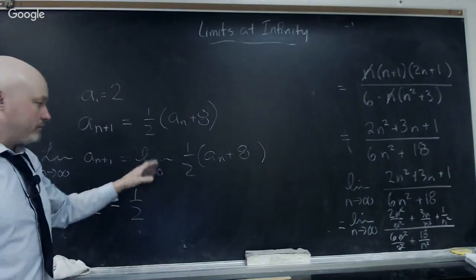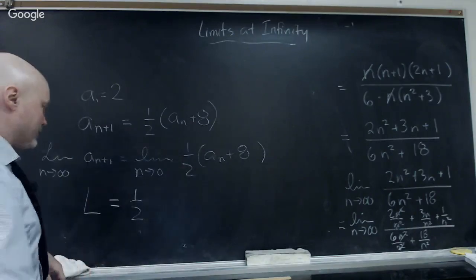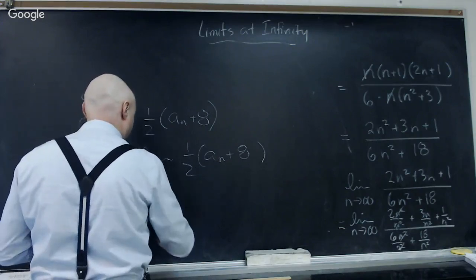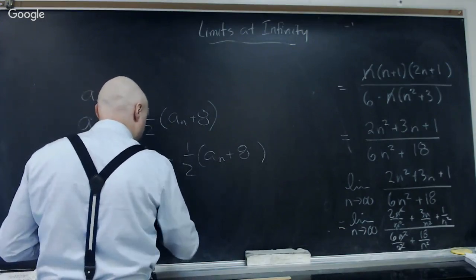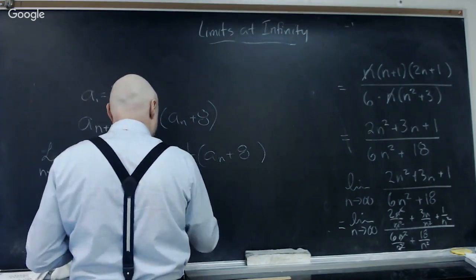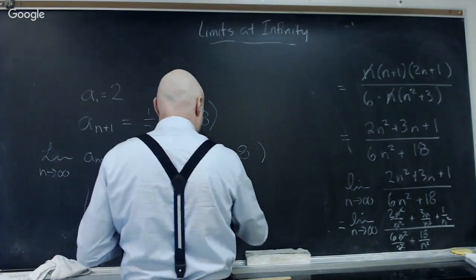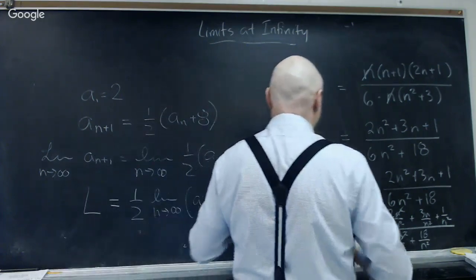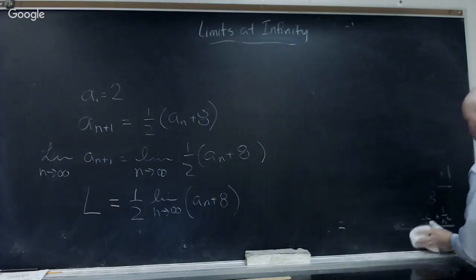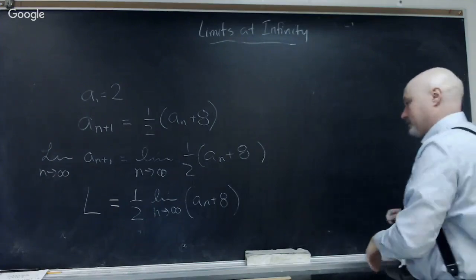The limit of 1/2 times something is 1/2 times the limit of those things. There we go. Sorry, this is being a little bit more belabored.